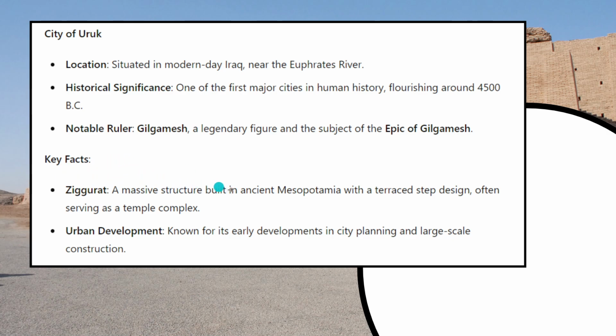It's a massive structure built in ancient Mesopotamia with a terraced step design, often serving as a temple complex. And know that this is one of the biggest early developments in city planning and large scale construction. Before this growth of civilization here, the concept of cities like this didn't reach this level.